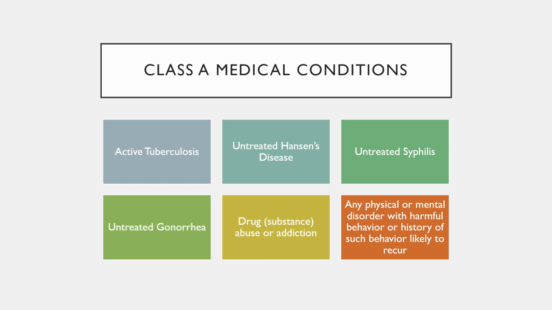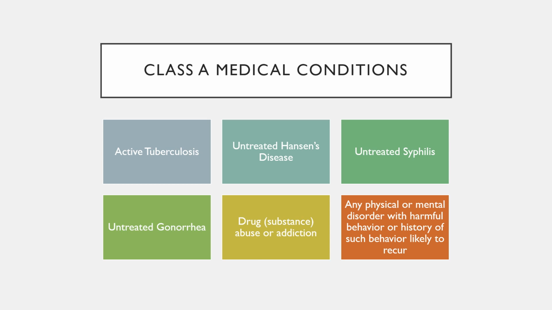There's active tuberculosis, untreated Hansen's disease, which is also known as leprosy, untreated syphilis, untreated gonorrhea, drug or substance abuse or addiction, and then any physical or mental disorder with harmful behavior or history of such behavior likely to recur.